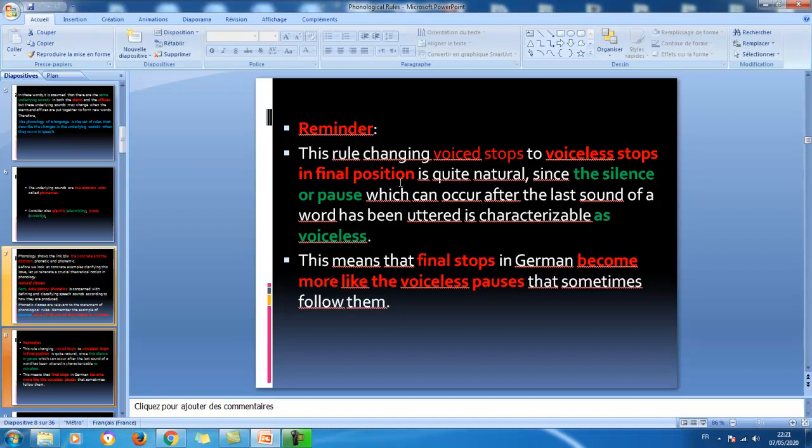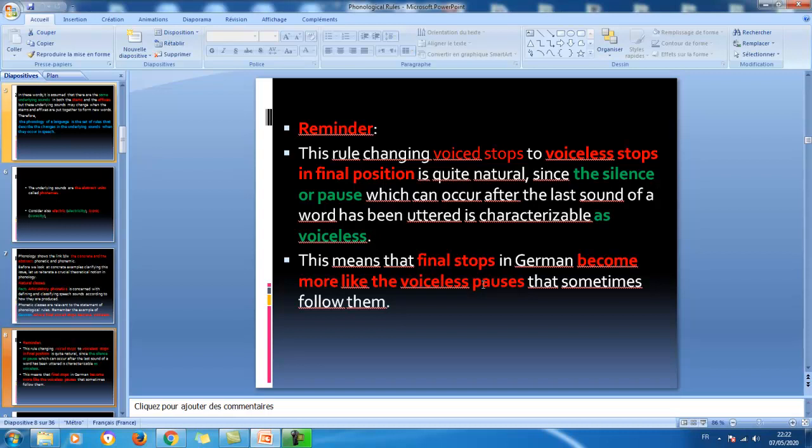since the silence or pause, this is what we mean by final position, there is a period of silence or pause after the word. So since the silence or pause which can occur after the last sound of a word has been uttered is characterizable as voiceless, we are just trying to join the voiceless sound to the voicelessness of the pause that follows the word.